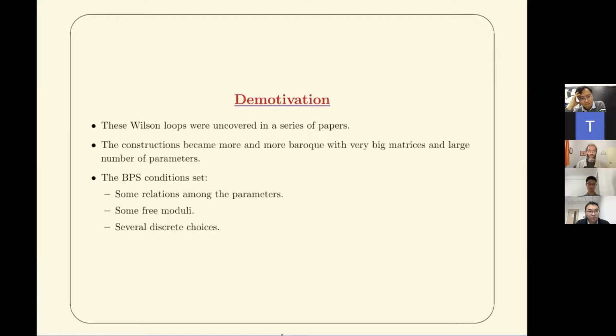In every paper there were more and more details and big Ansätze with large matrices and many parameters that had to satisfy all kinds of conditions. So you construct these operators, and then you set these conditions. You require that they be supersymmetric, and then you find that some of the parameters that you put into your ansatz have relations between them. Some remain free, and you have several discrete choices that you can make.